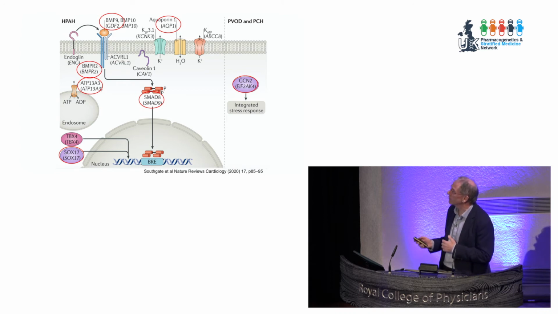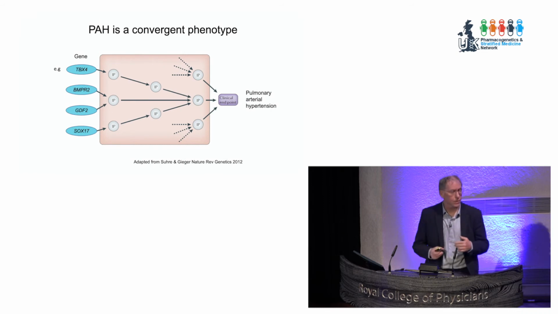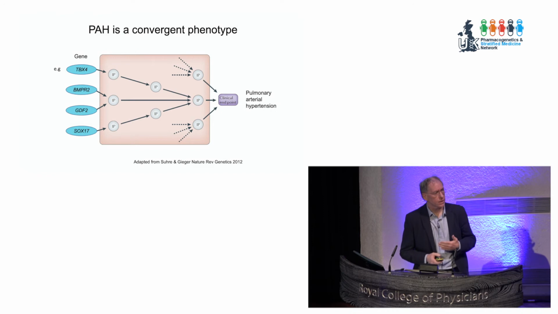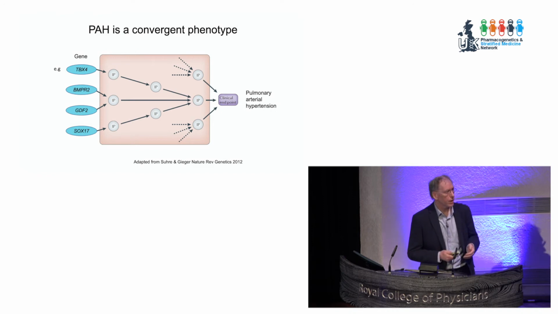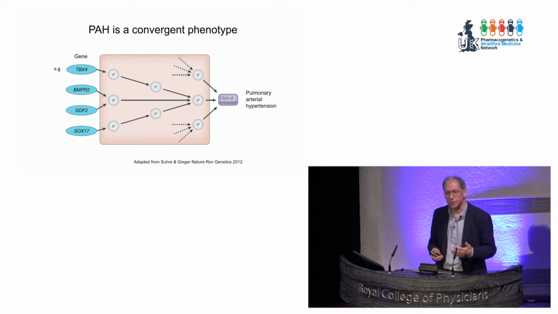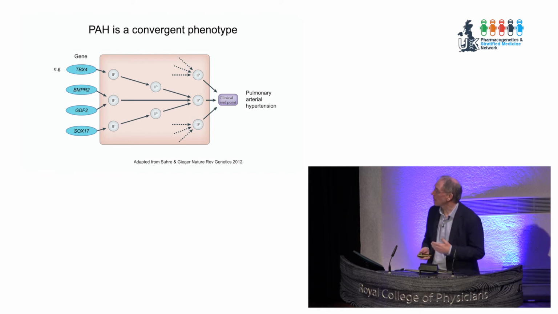So this study has added a significant number of genes to our understanding of PAH. We now have something like 16 genes where pathogenic mutations have been associated with the condition.